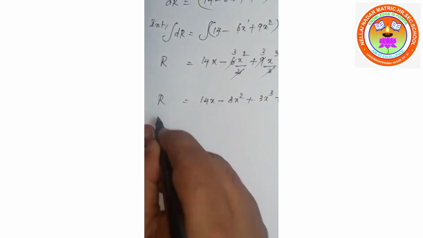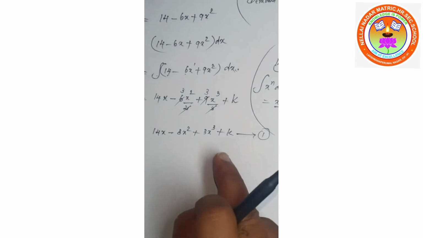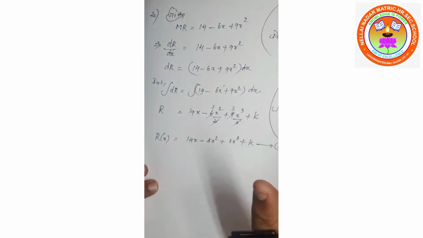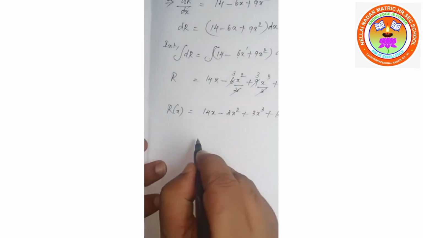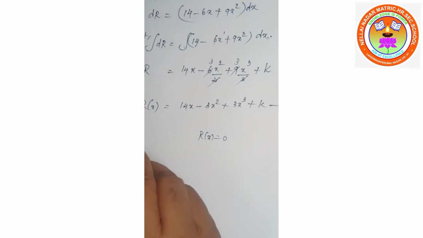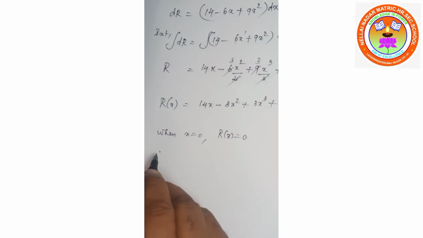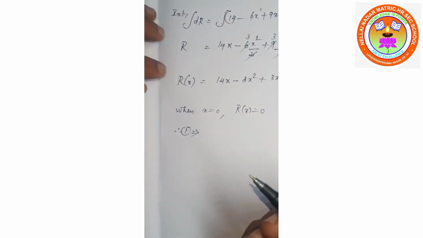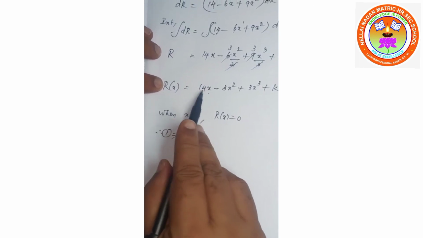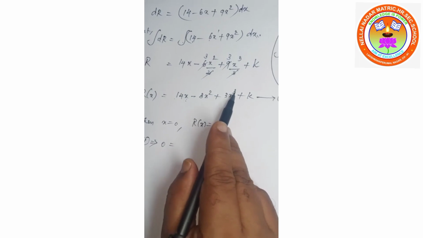So revenue in terms of x, write R of x, and let it be number 1. First we have to find out the value of k. To find k, no condition is given here. So consider R of x equal to 0 when x equal to 0. Therefore equation 1 implies R of x value 0. Then substitute x equals 0. 14 into 0 is 0. 3 into 0 squared is 0. 3 into 0 cube is 0.